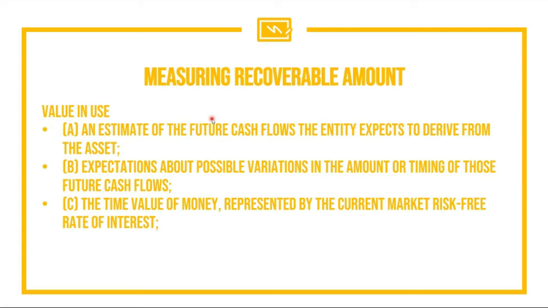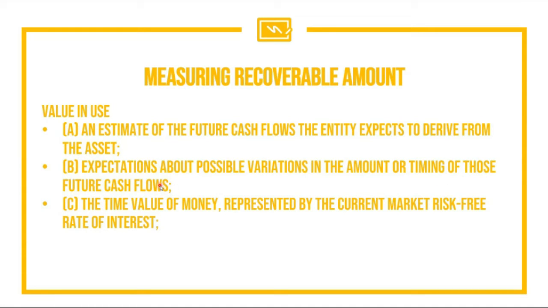Value in use is computed with the following components. Actually, we have until letter E. So there are basically 5 components of value in use. First, an estimate of the future cash flows the entity expects to derive from the asset. It also includes expectations about possible variations in the amount or timing of those future cash flows.